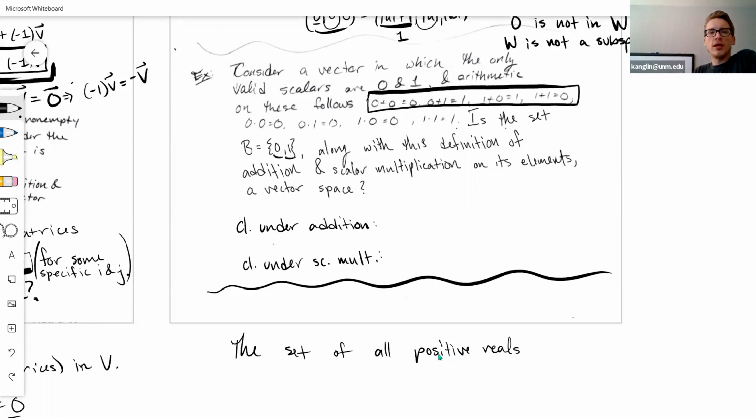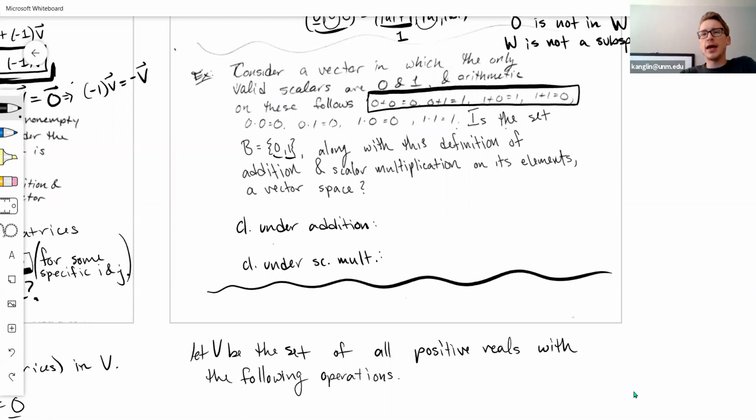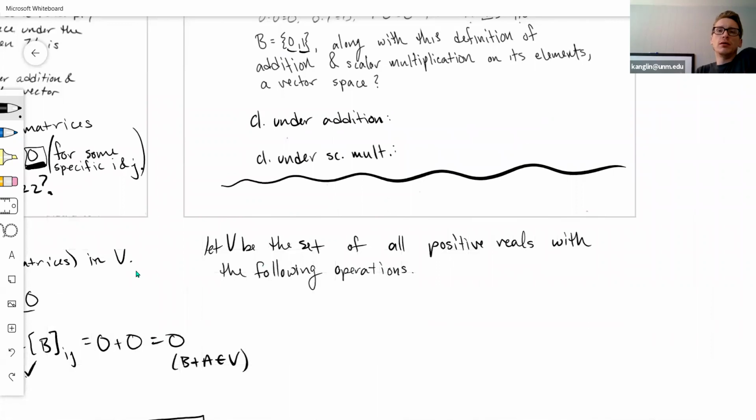This is a new one, with the following definitions of addition and scalar multiplication. So the following operations. Let's say that adding two things in the set V is the same as multiplying them.